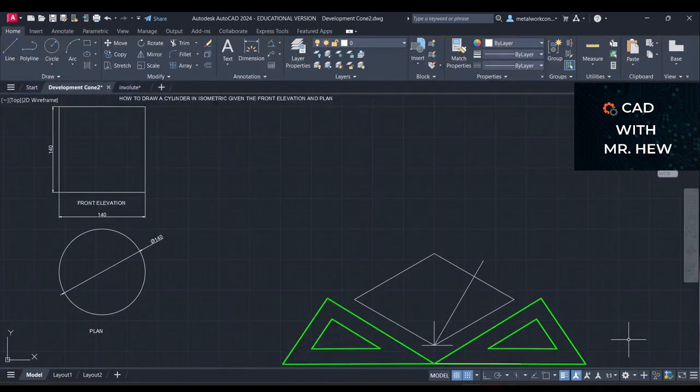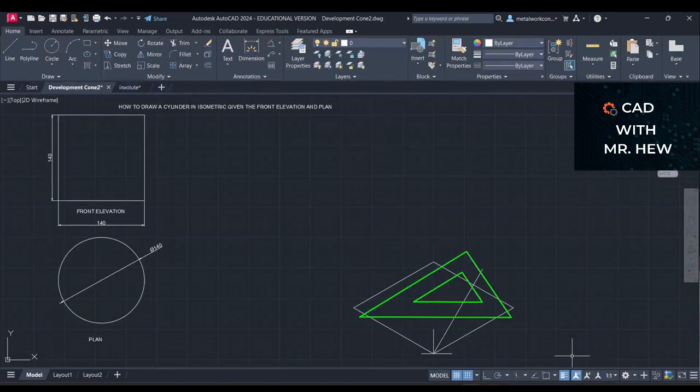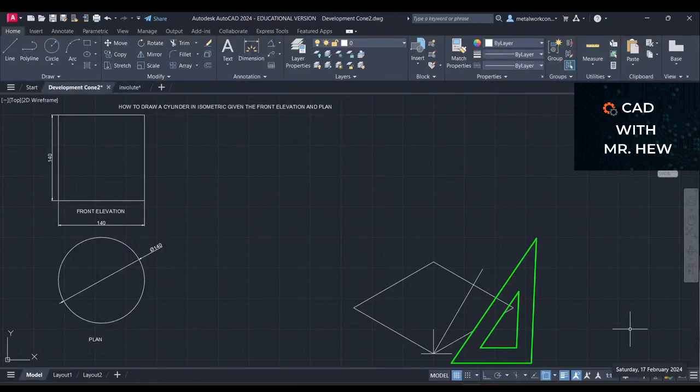To complete the isometric square, you would move the set square up to the end of the line to get this line, and do the same thing for the other side when you turn the set square.